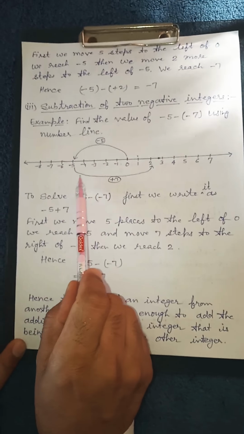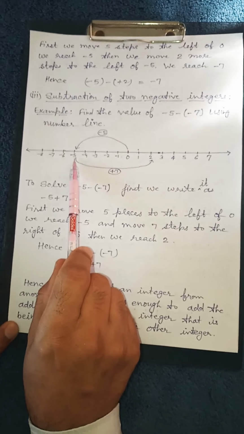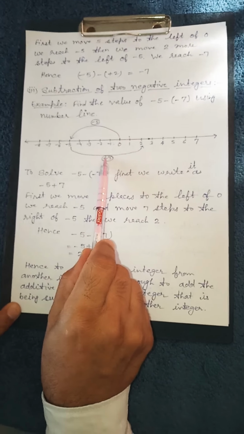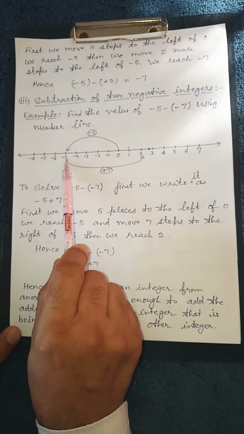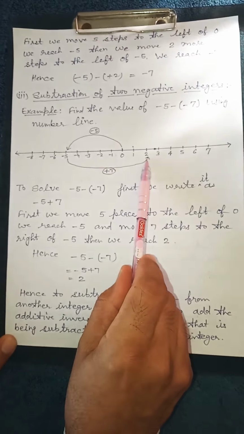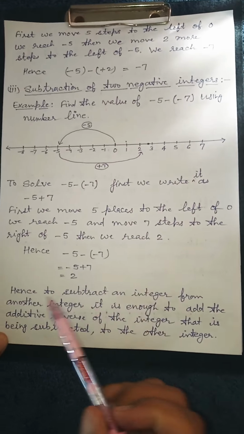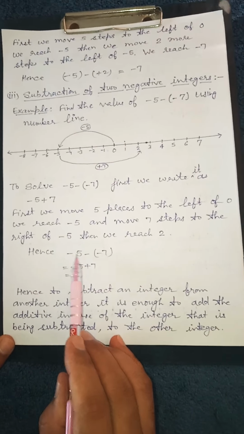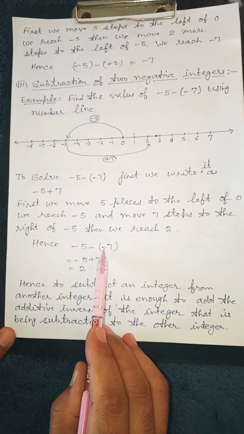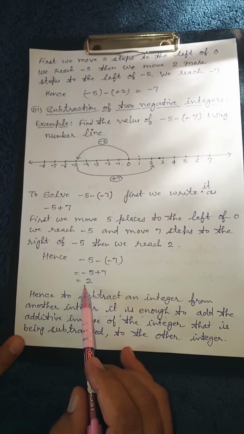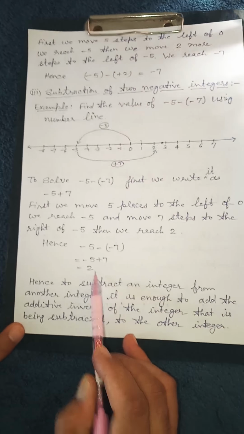This is minus 5 and we move 7 steps to the right side of minus 5. So we reach 2. Hence we can say that minus 5 minus of minus 7, then we reach the answer 2.